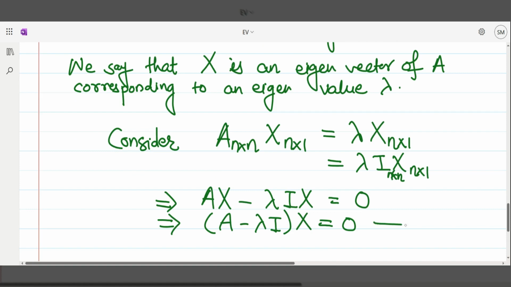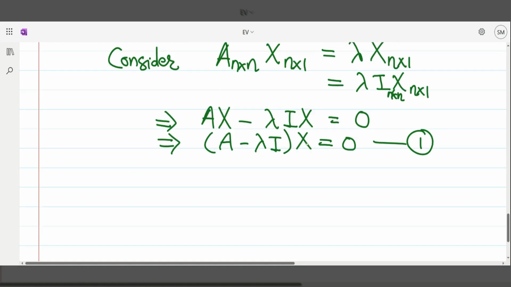So now our problem of finding x and the corresponding lambda has been reduced to solving this system, and you can observe that this is a homogeneous system because the right hand side is a zero vector. And if you recall, in the starting I said we want non-zero vectors. So basically I want a non-trivial solution to the system represented by equation 1.